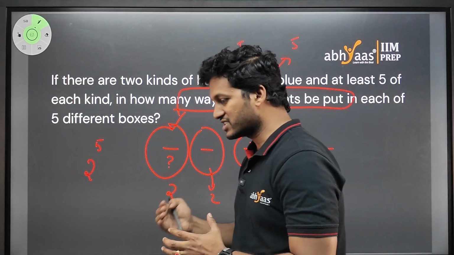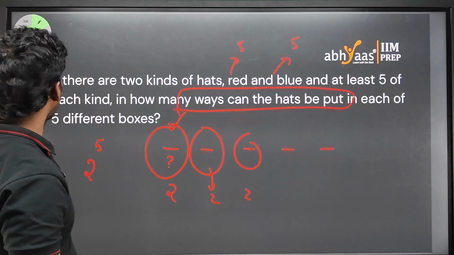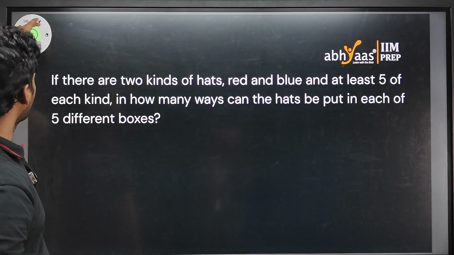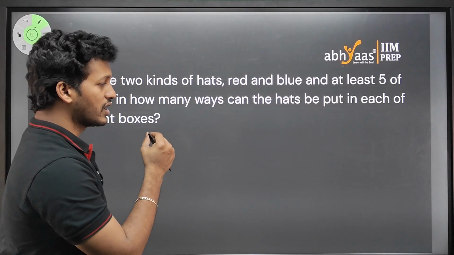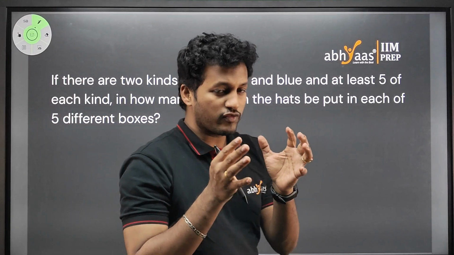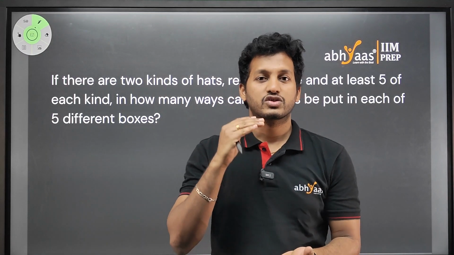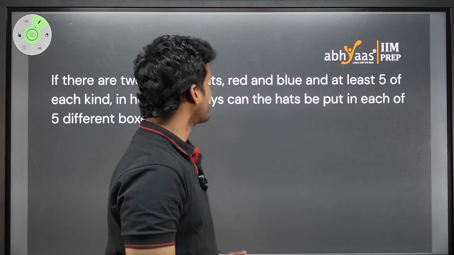Because with this basic thing we will understand the remaining problems also. Whenever they give this type of box, one box has to be filled by two kinds of hats, so we have 2 ways.